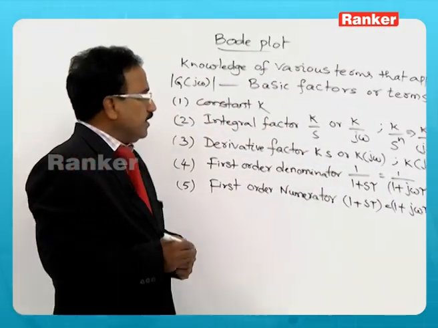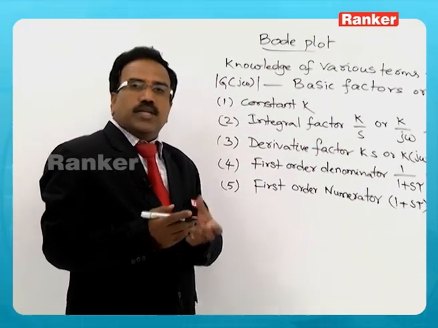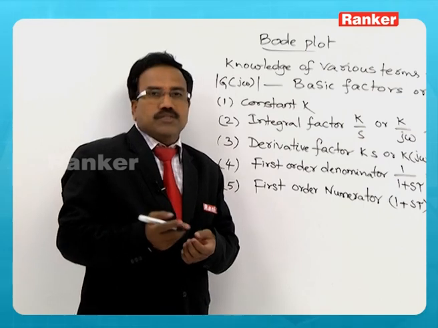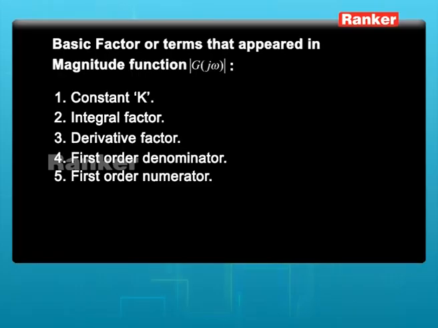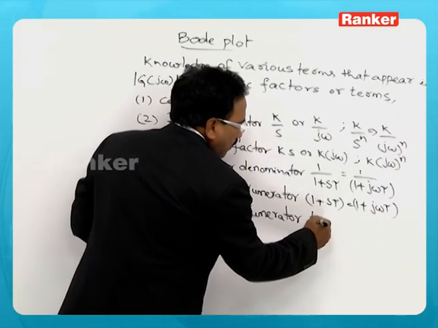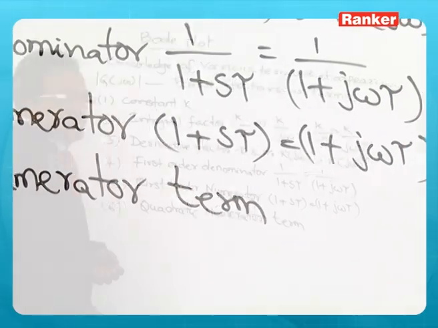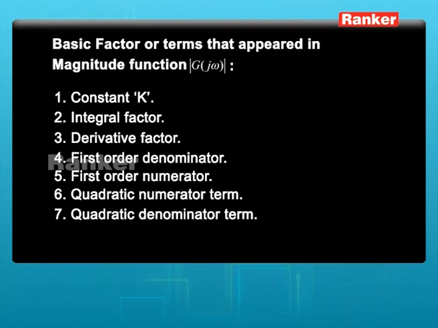So, we must understand how the term value in decibels varies with the frequency, and you may find a little complex term, that is the quadratic numerator term, means second order, quadratic numerator term or factor that may exist in the function, and then quadratic denominator.